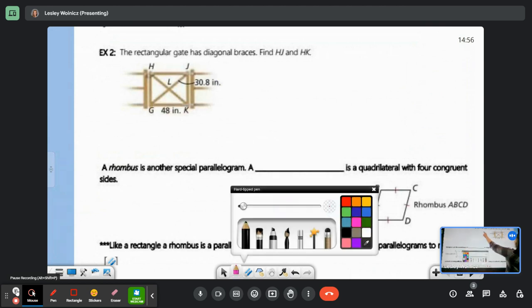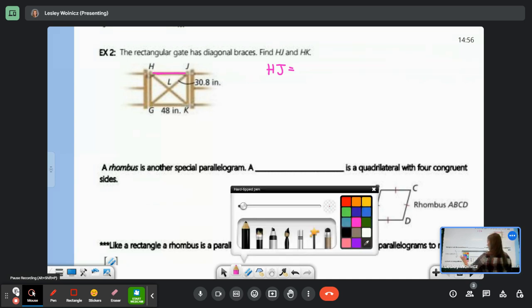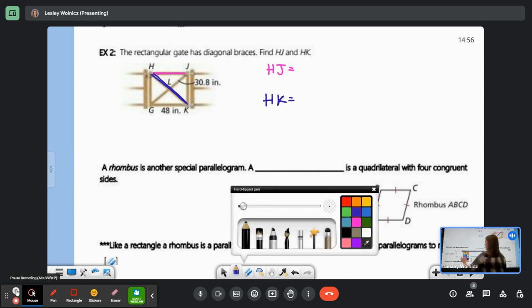All right, next one. We want to find HJ and we want to find HK. All right, so what do you think?